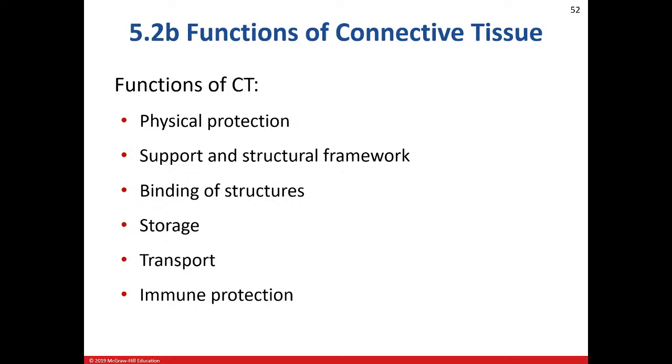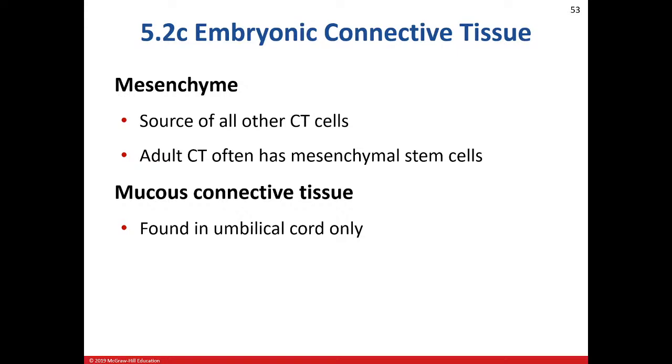So moving on. Functions of connective tissue. It's good for physical protection, the support and structural framework of organs, the binding of structures, storage, transport, and immune protection, because some of these connective tissues contain white blood cells. All right, so the mesenchyme is the source for all other connective tissue cells.